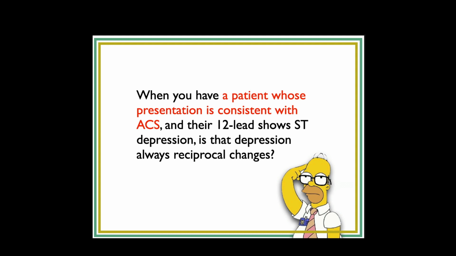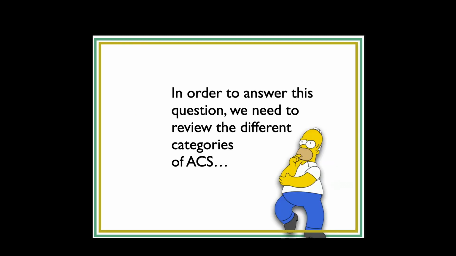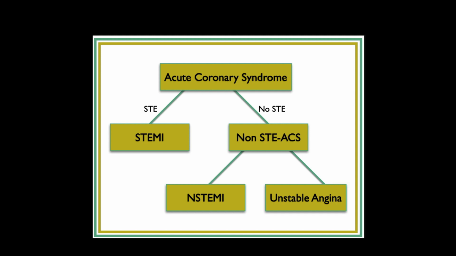When you have a patient whose presentation is consistent with acute coronary syndrome, that's important, and their 12 lead shows ST depression, is that depression always reciprocal changes? Because that's the only thing that we've talked about so far: reciprocal changes, or, for a posterior STEMI, also reciprocal changes. And in order to answer this question, we're going to review the different categories of acute coronary syndrome.